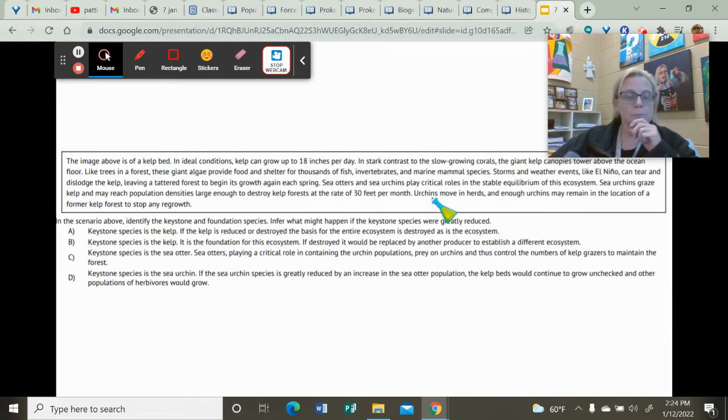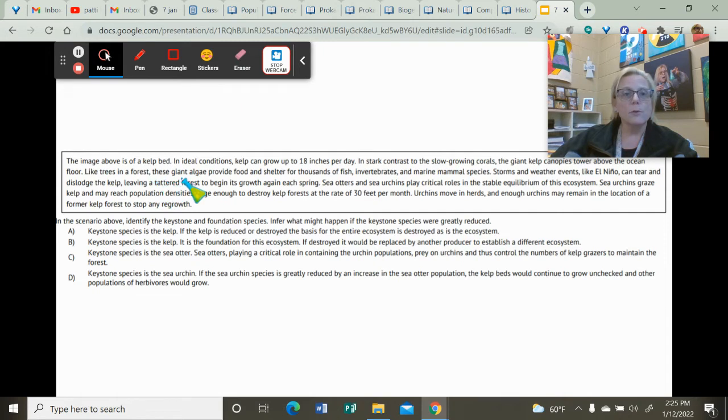So if you go with me on this, the image above, and I kept out the image so I could have room and you could see this. The image above is of a kelp bed. In ideal conditions, kelp can grow up to 18 inches per day. In stark contrast to the slow growing corals, giant kelp canopies tower above the ocean floor.